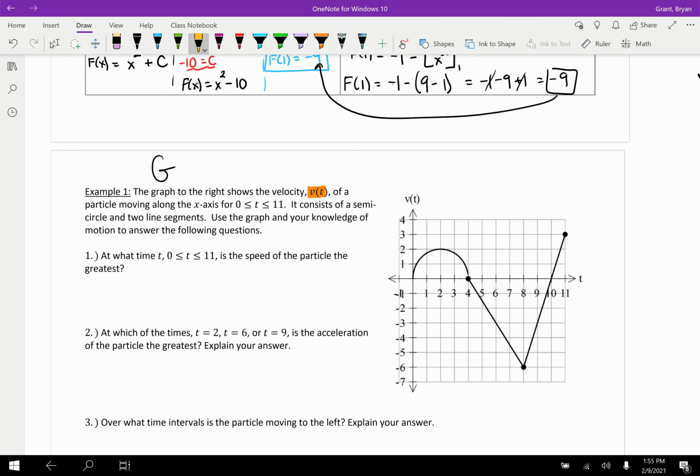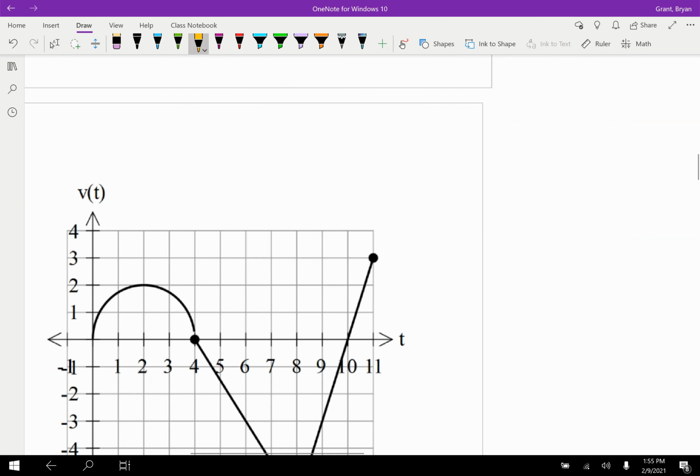Well, we have that same ladder or that tier system where if v of t is the velocity, taking the antiderivative will give us position, and taking the derivative gives us acceleration.